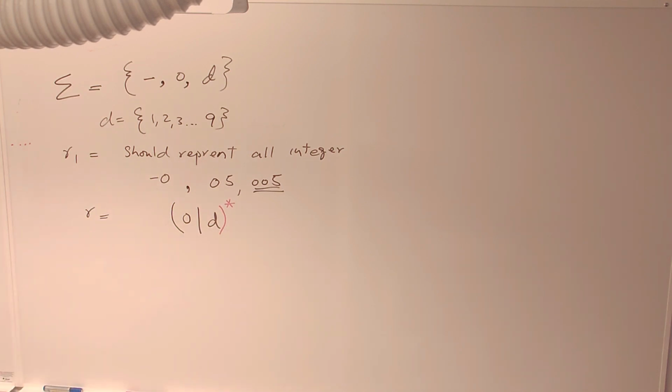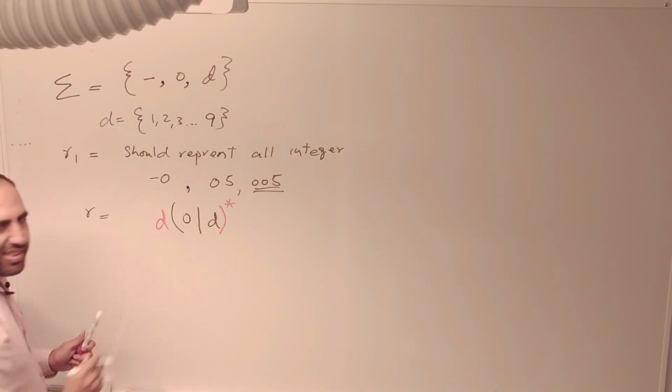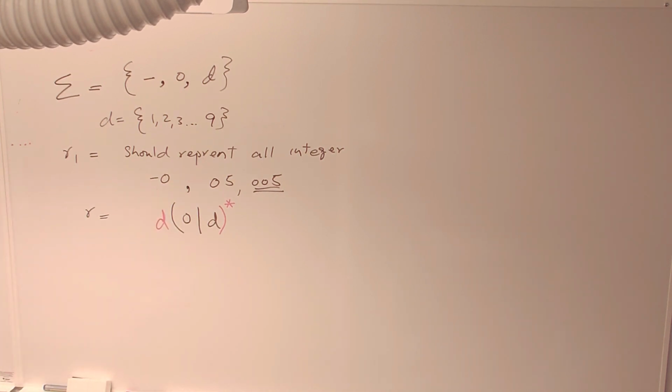No. Why? Then it can also start with the 0. Exactly. So we need d always over here, because if we remove the d at this position, then we allow the language to accept a word starting with 0. So now we have solved these cases, 1 to 9, and what is left now?